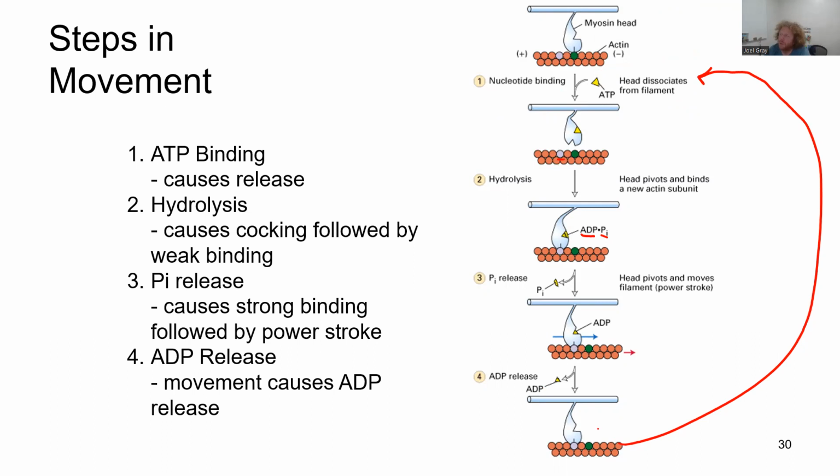Now, what this is doing is, you can kind of think about it like this: let's say my fist is the head group. It's going to release, move forward, and bind a new site, and the myosin head group is going to stay in the same location. But let's use my left arm as actin. The myosin head group binds ATP, releases. My myosin head group is going to remain stationary.